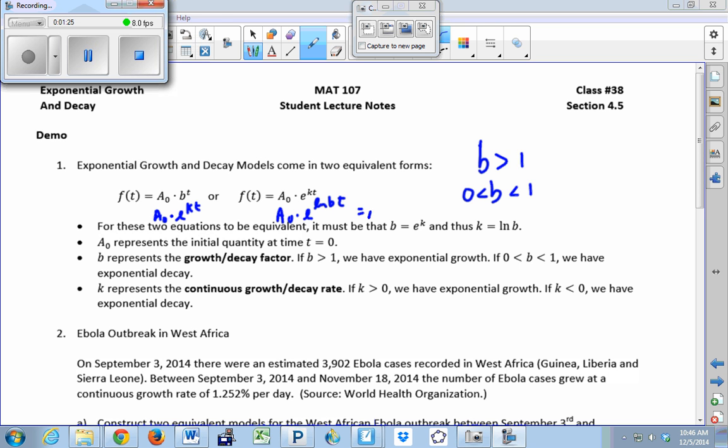So this is equal to a sub naught b to the t. They're totally equivalent.